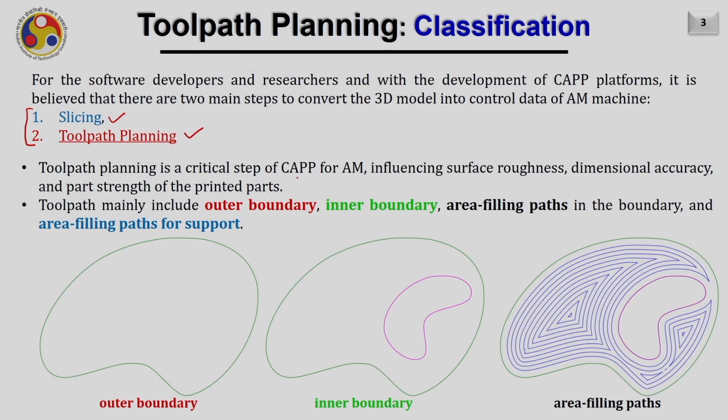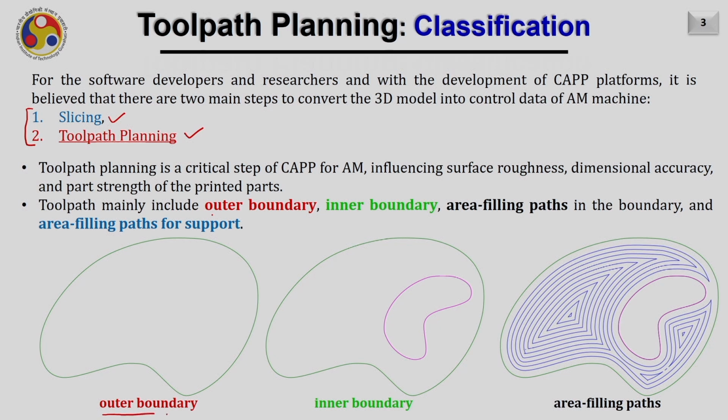Toolpath mainly includes three types. There are a total of three different types of toolpaths: one corresponding to scanning of the outer contours, the scanning of the inner contours, and scanning the inside area, that is sometimes called area filling. As you can see, this is the outer boundary of a particular slice.